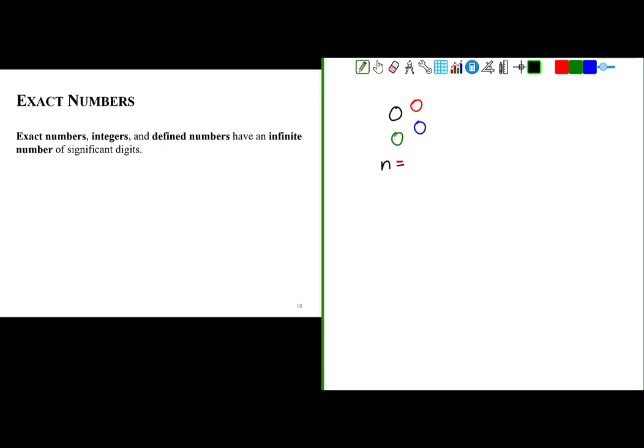I am absolutely confident with 100% assurance that I have 4 jelly beans. So this counting is an exact number. It is exactly 4, which is an integer. So we could consider this number 4 to have an infinite number of significant digits. There is no uncertainty in this value.